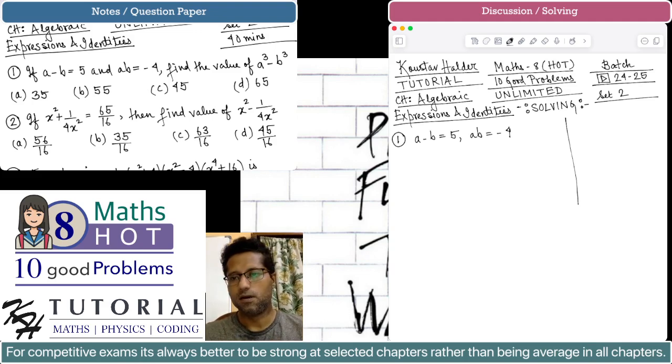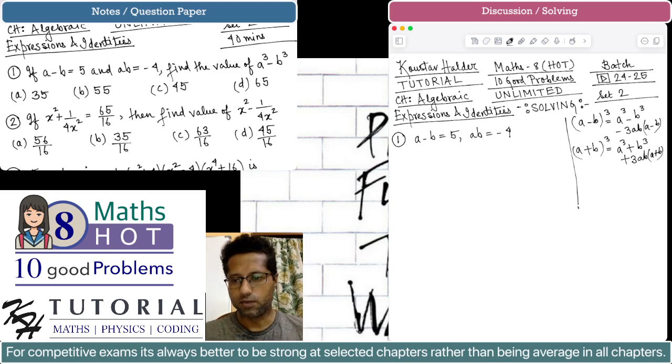A minus b whole cube is equal to a cube minus b cube minus 3ab into a minus b, and also a plus b whole cube is equal to a cube plus b cube plus 3ab into a plus b.